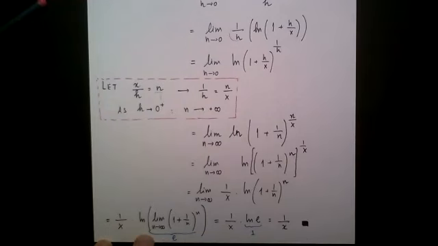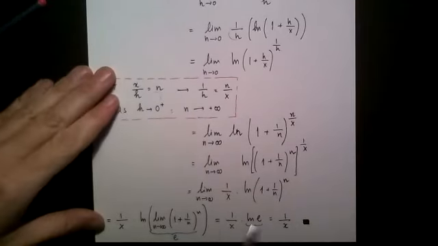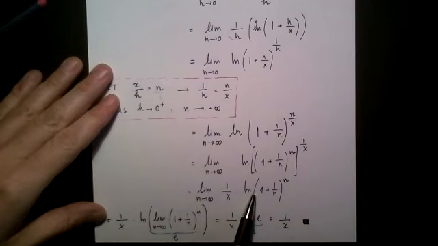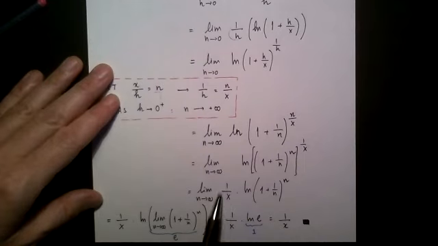The only thing I did from here to here is I took the limit and put it inside the ln. Whatever doesn't have an n, I could pull out of the limit, which I did, because this does not move to infinity, it's just x, there's no n. And I'm going to put the limit inside the ln. Is that okay?